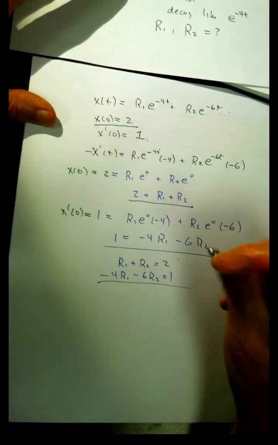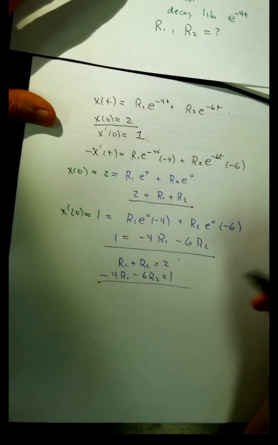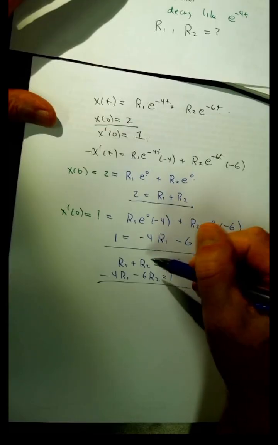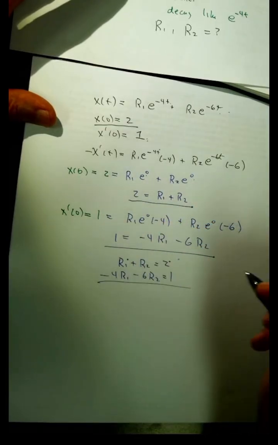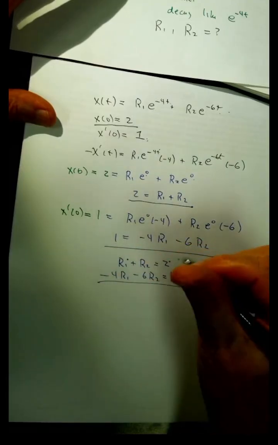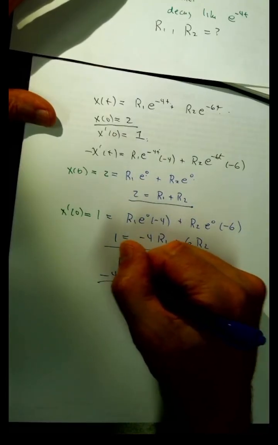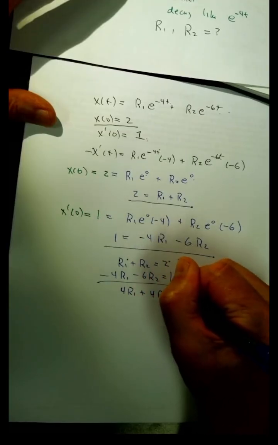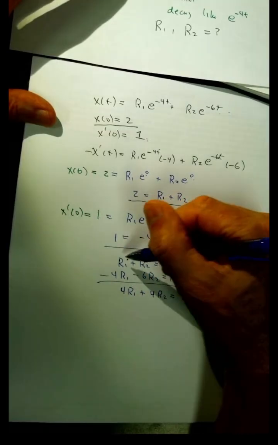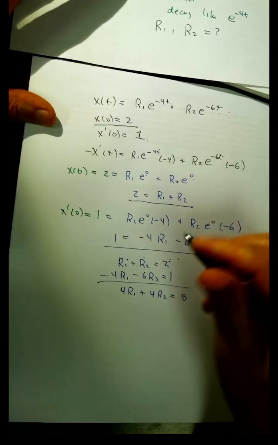There are a lot of ways to do this. You could solve for r1 in this equation and plug it in. I'm going to do it a little differently; we're going to see later on why this is nicer. I'm going to take the first equation and multiply everything by 4, so I get 4r1 + 4r2 = 8.